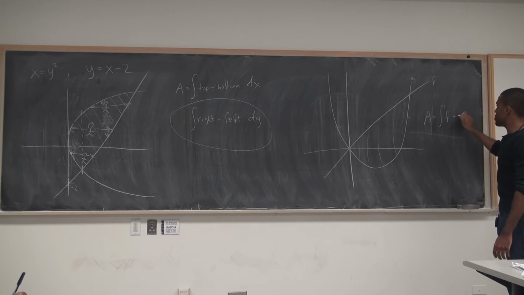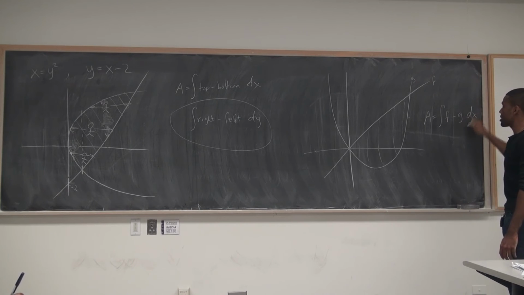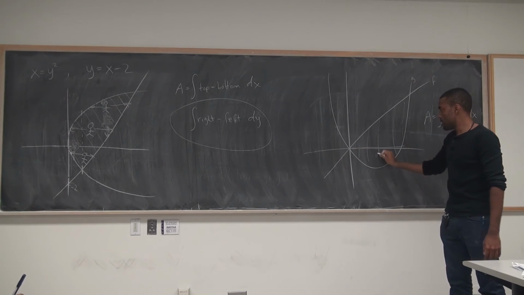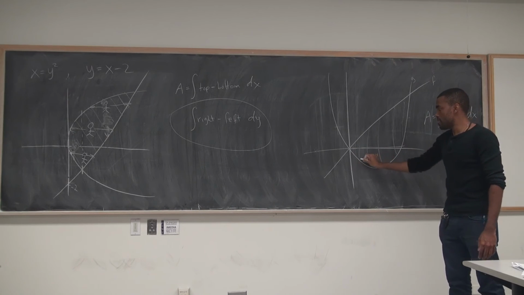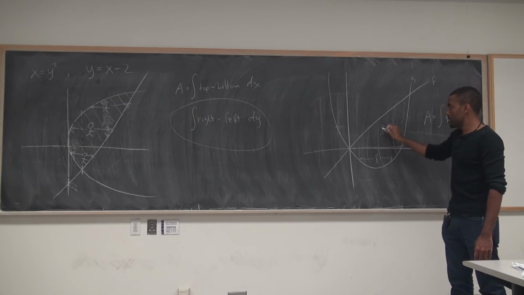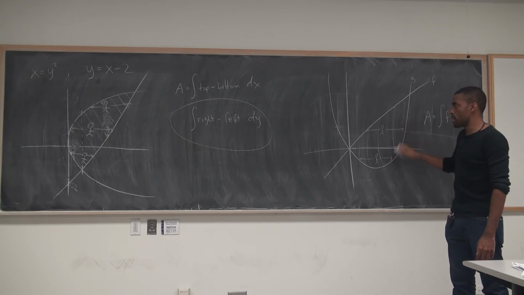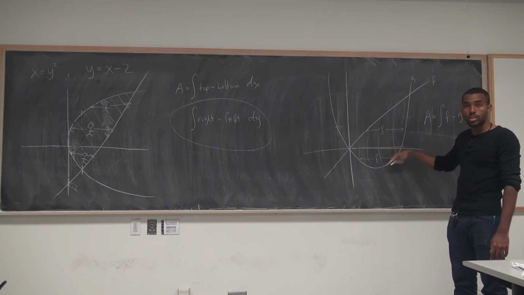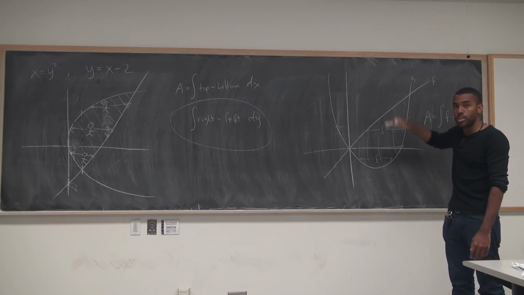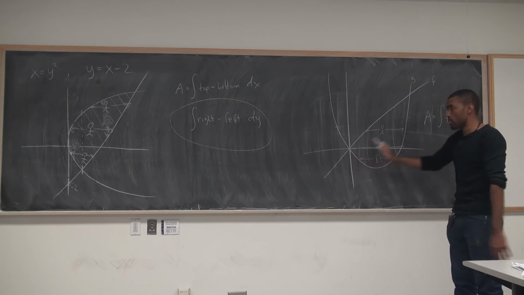I'd do f minus g dx. Because if I did dy, my little man is stuck down here. To his left is the parabola, to his right is the parabola. As opposed to if he's up here, to his left is the line, to his right is the parabola. Right and left switches, right? However, top and bottom never switches. There's only one top function, one bottom function, throughout the whole shaded region.